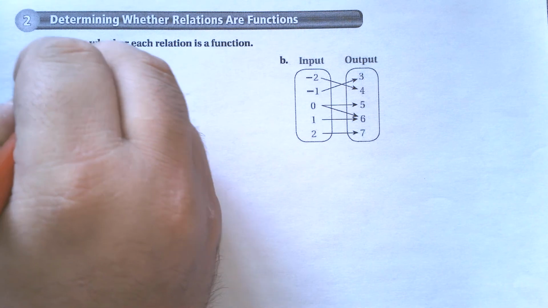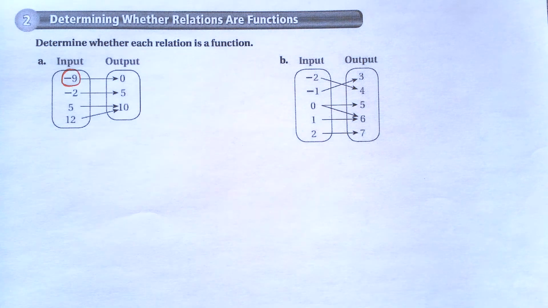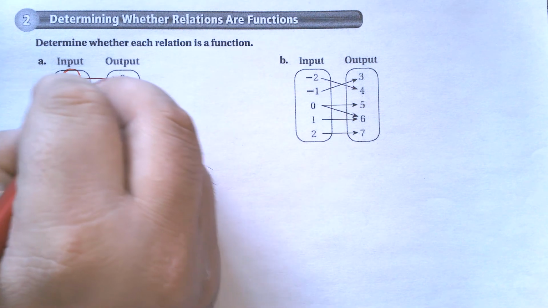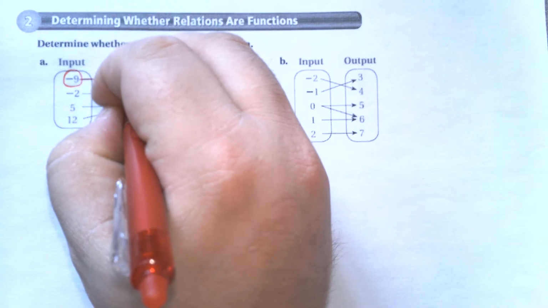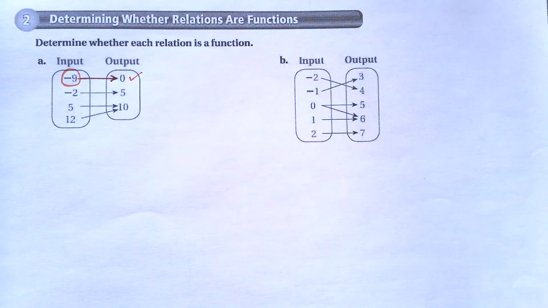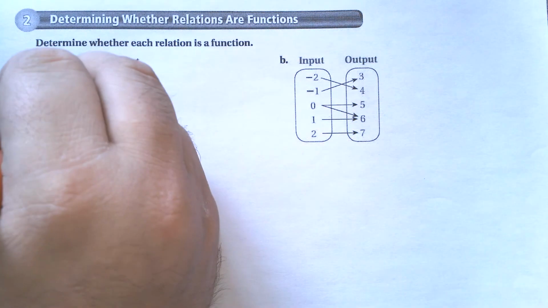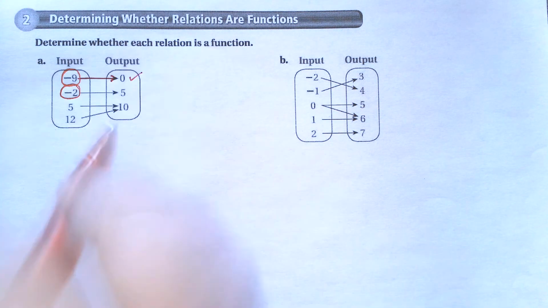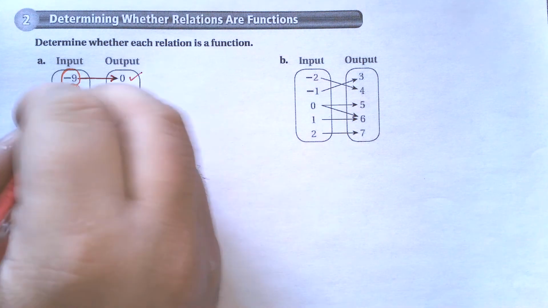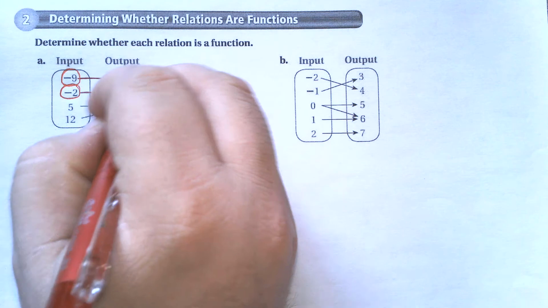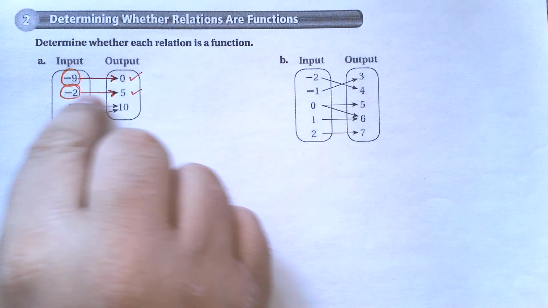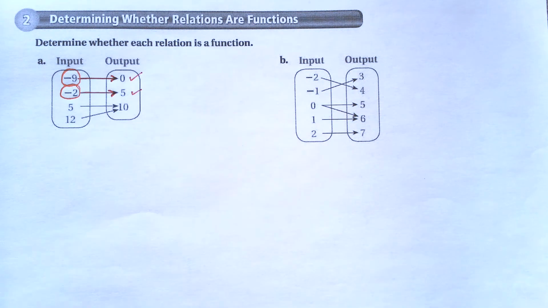So, what I'm looking at is this -9 needs to go to only one number. And I follow this arrow here and I see that that -9 went to one number. So yes, that does fit a function. But I have to check all of my x's. So I'm going to start at this -2 and I'm going to look, does it go to only one number? And yes, this x went to only one number, and that number was 5.